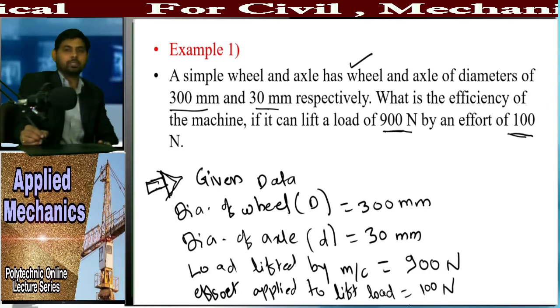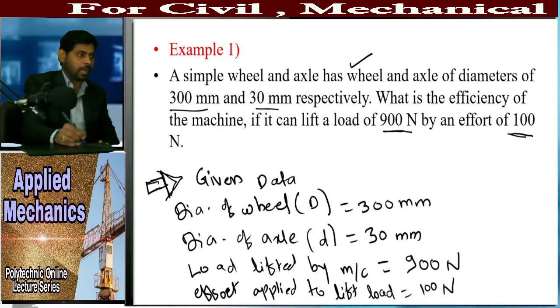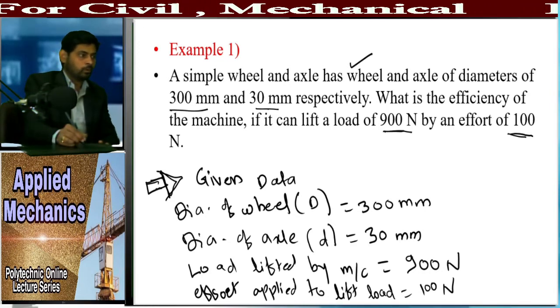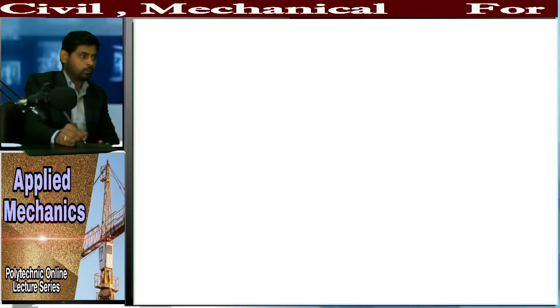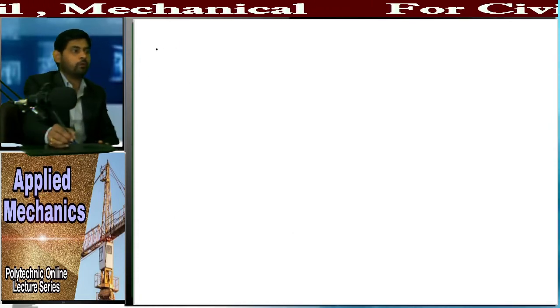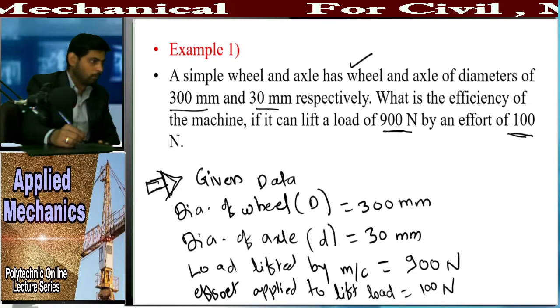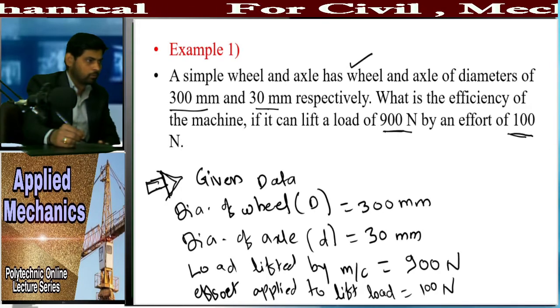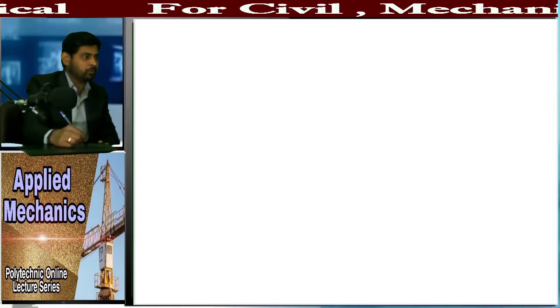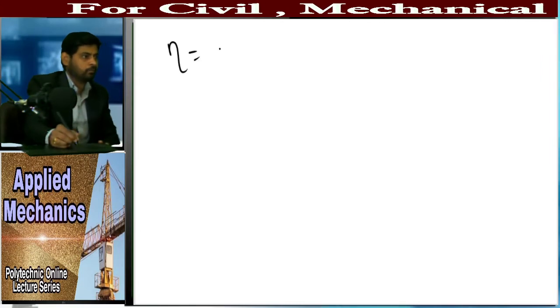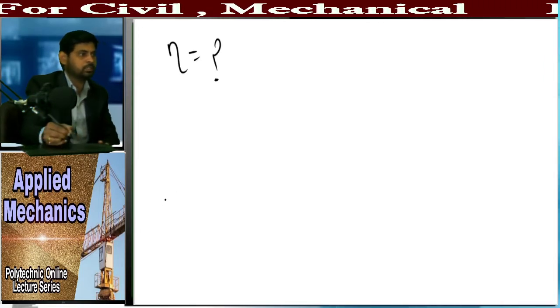So these are the given values to us. What we have to find out in this problem is the efficiency of the machine. So here we have to find out how much the machine efficiency is.